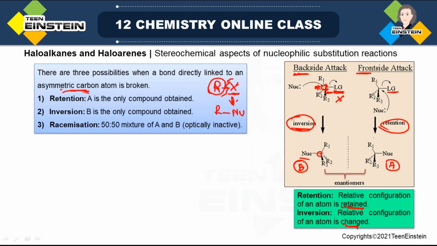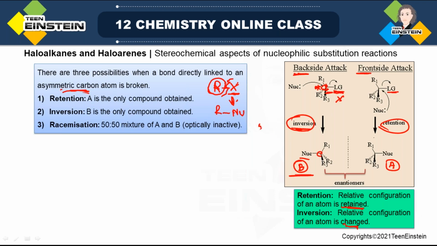And if a 50-50 mixture of A and B is there, that is both A and B are formed and their percentage is 1:1, then it will ultimately be an enantiomeric mixture, and that will be optically inactive because the rotation from one compound will be balanced by the opposite rotation of the other compound. So ultimately the mixture will not be active.